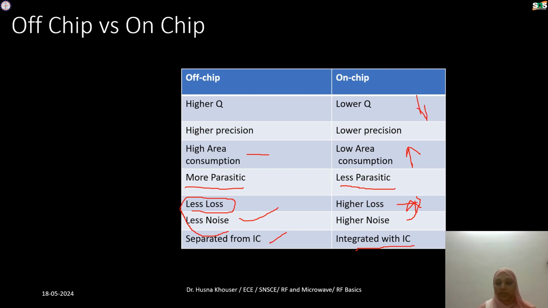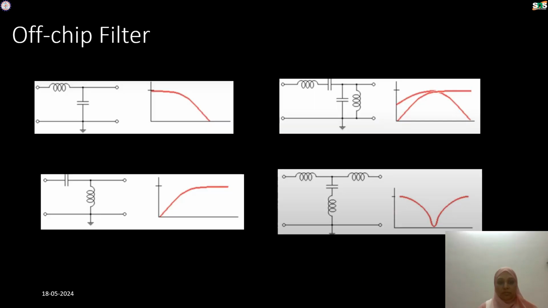The first criterion is a higher quality factor. Here you can see different off-chip filters. This is a low pass filter, and this is the inductive capacitive filter. This is the high pass filter. This is the capacitive filter type, and this is the band pass filter. Here you can see the circuit diagram with inductance.